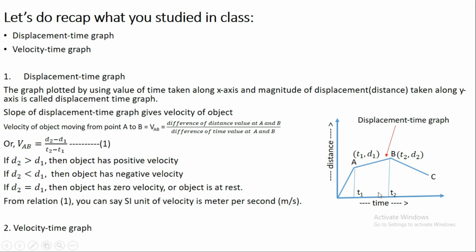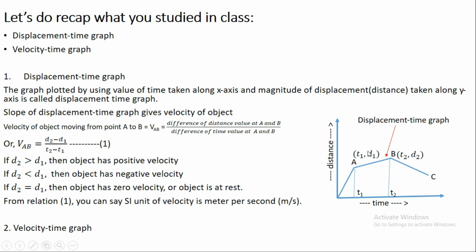Writing this in mathematical form, VAB is equal to (d2 minus d1) divided by (t2 minus t1). This is equation 1. It gives the velocity or speed of the object while moving from A to B.